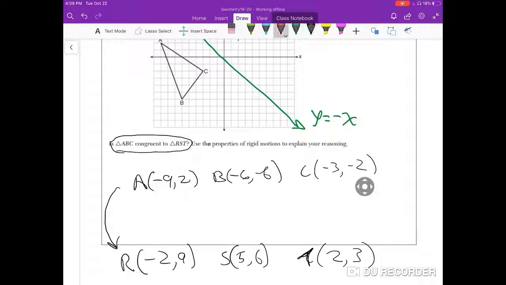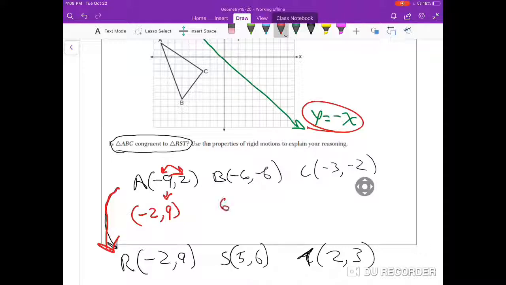So like, what's going on? What transformation is happening? Well, to me, it looks like this reflection, because what's happening is the points are switching and we're changing the sign of both. So if I do that to A, I would get (-2, 9). If I did that to B, I would get (6, 6). And if I did that to C, I would get (2, 3).